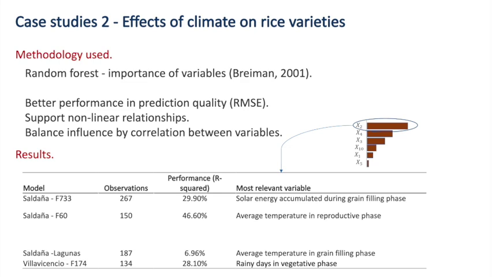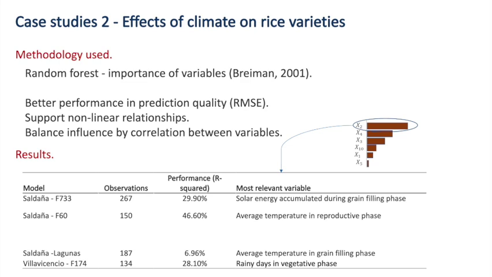It also balanced the influence of correlation between variables, which is one of the disadvantages some methodologies have. In this case, the climate variables were correlated: the temperature could be associated with rainfall or with the relative humidity. So this was a very flexible methodology to identify all these.